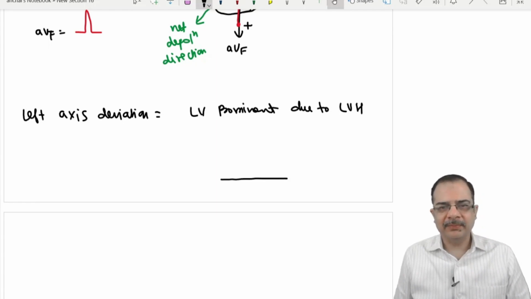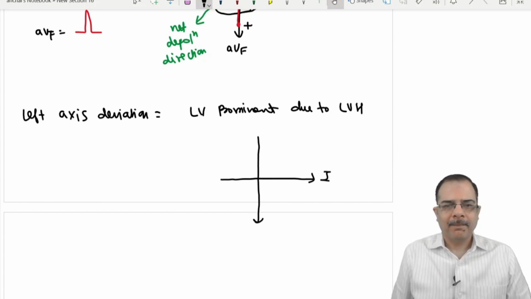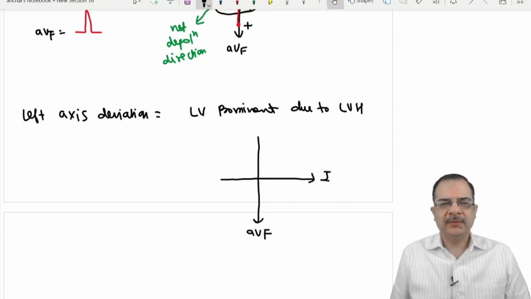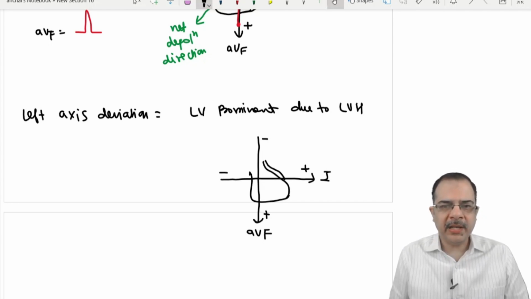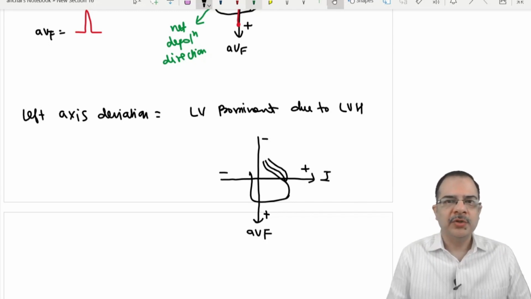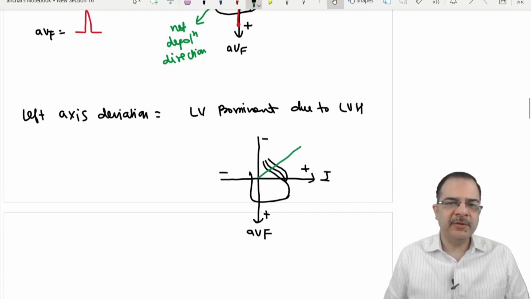This is the diagram. Lead 1, AVF, and here is the negative pole, positive, negative, positive. So here is the heart. This part is hypertrophied. Look here, this part is hypertrophied, lateral wall and posterior wall. So it will shift the net direction of depolarization in this direction.